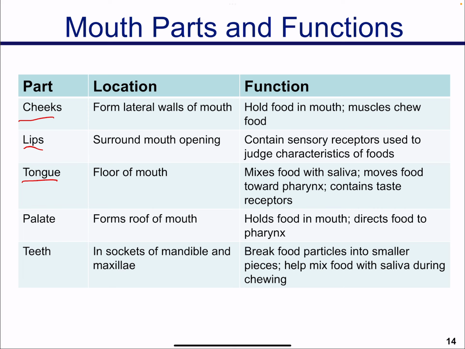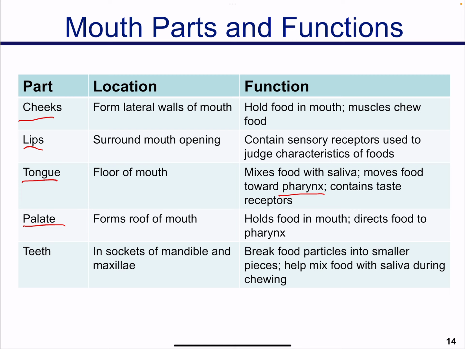Without your tongue, you won't know how to swallow, right? The tongue is going to push the food toward the back of the mouth, specifically in the pharynx area, right? The tongue is also going to contain taste buds, right? We talked about that. Then we have the palate. The palate is going to hold food in the mouth and direct the food to the pharynx. Now, remember, the soft palate, right?